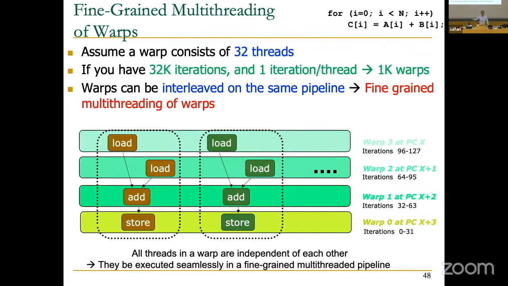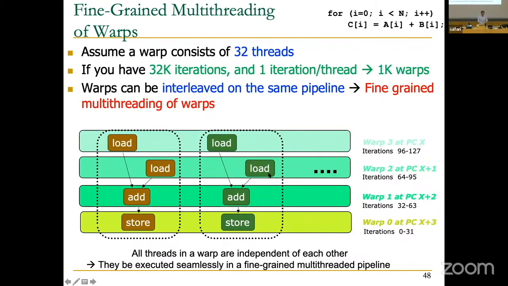Does that make sense? In the steady state, you can have warp 0 executing the store at PC X plus 3 across iterations 0 through 31. In the add unit, you may have warp 1 at PC X plus 2 executing iterations 32 through 63.